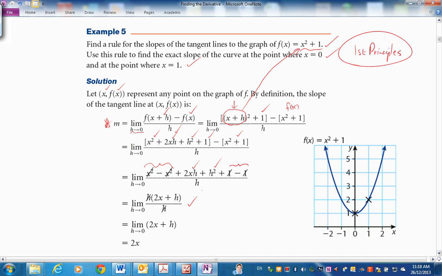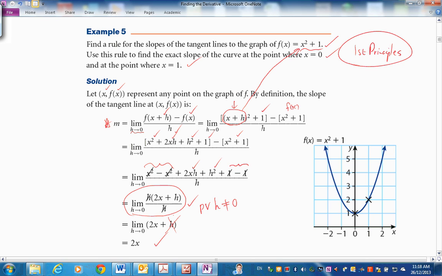So coming down here, we've got cancelling, provided that h is not equal to 0, you can cancel, and therefore you get the limit of this function, which itself is not defined at h equals 0, but we did this in the last presentation. It can still have a limit as h tends to 0, even though it's got a hole in it, it's discontinuous at that point, can't it? And therefore, as h tends to 0, the limit is 2x.